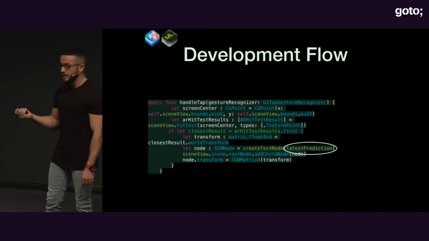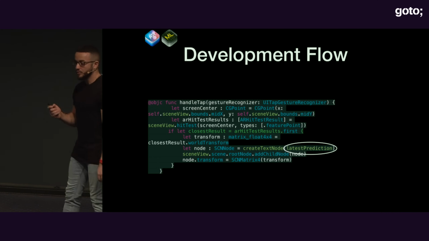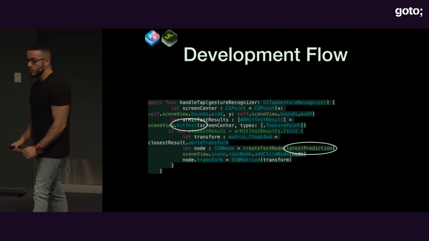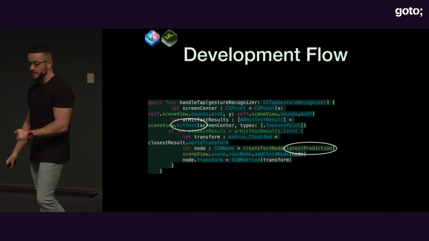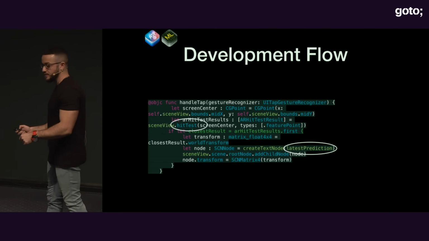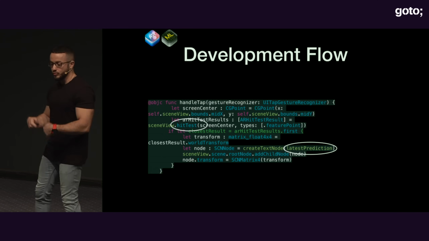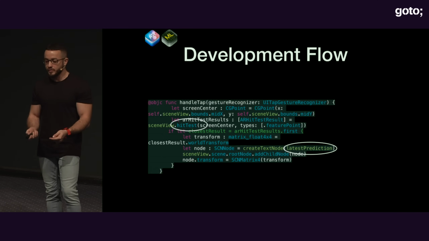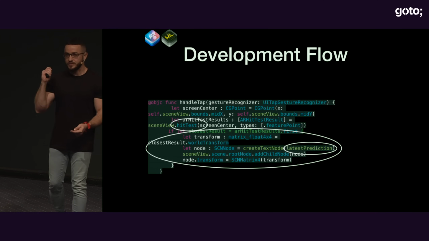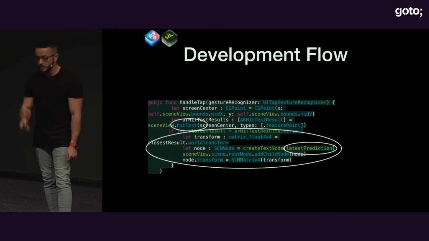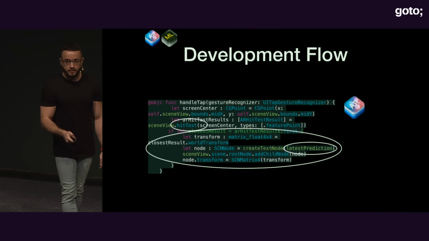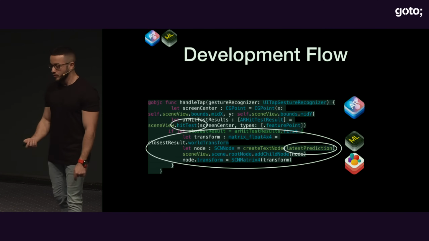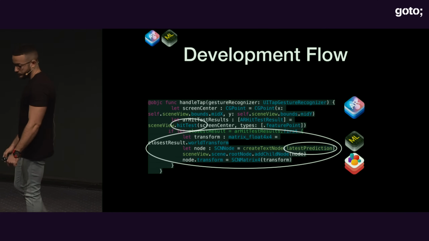I will use this variable from CoreML, and I will perform a hit test when I touch the device. And I will use both of these together to also render a 3D description of the model. This is the first demo that we saw at the beginning of the talk. So here, ARKit speaks with CoreML, and of course with SceneKit.